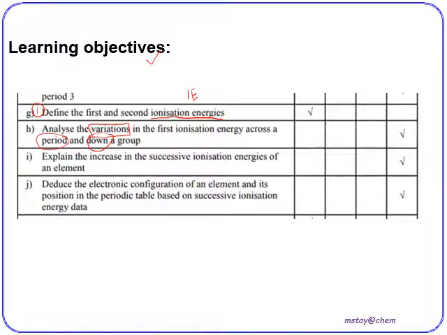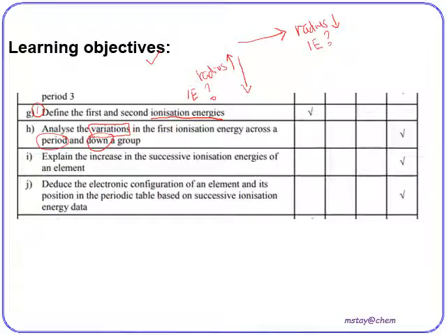We already have the idea about the radius: across the period, the size is getting smaller, while going down the group, the radius is growing bigger. So now we want to know what will happen to IE across the period, and what will happen to the ionization energy going down the group as well.